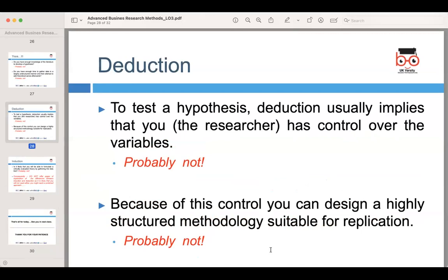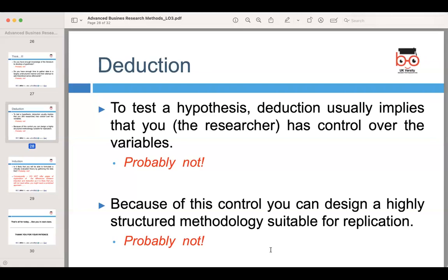Deduction. To test a hypothesis, deduction usually implies that the researcher has control over the variables. And because of this control, you can design a highly structured methodology suitable for replications. In reality, deduction can be used even when the researcher does not have direct control over the variables being studied.